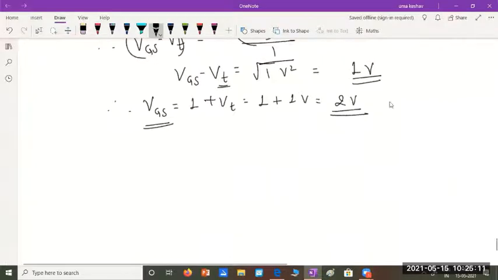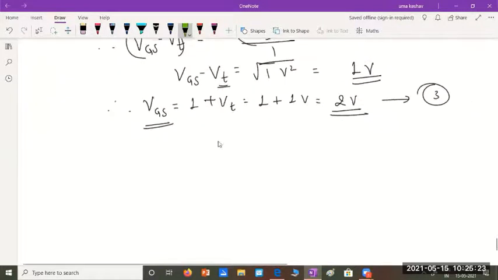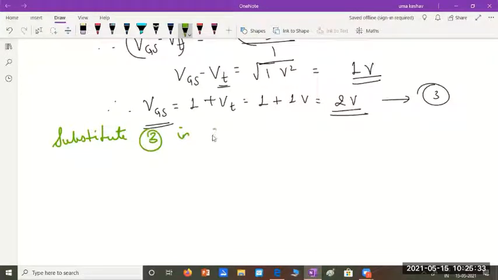Now I will use this in equation 2. See, in this equation 2, we have VGS is equal to VDD minus IDRD. So use the value. You say substitute equation 3 in 2. What do you get?